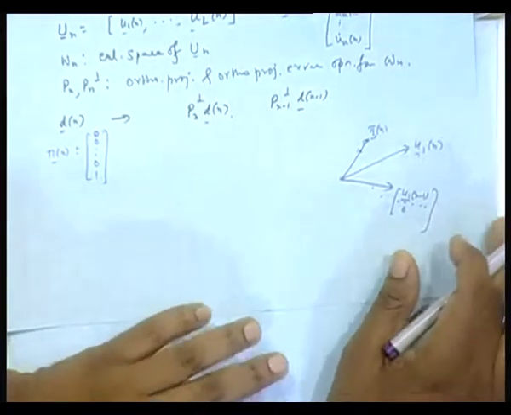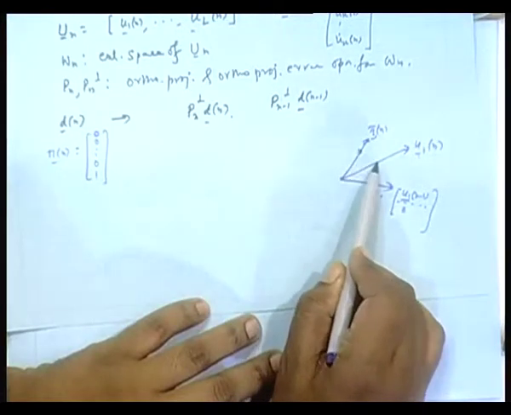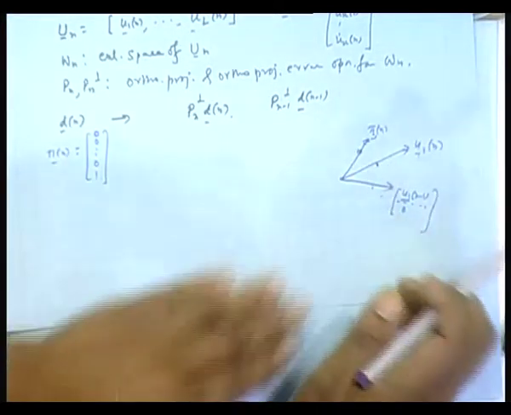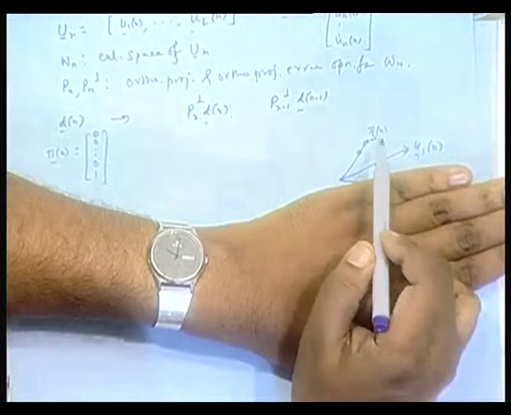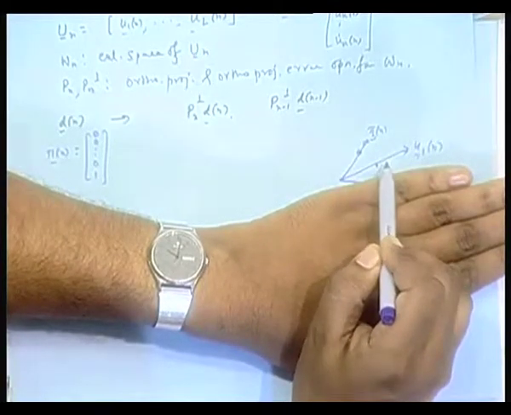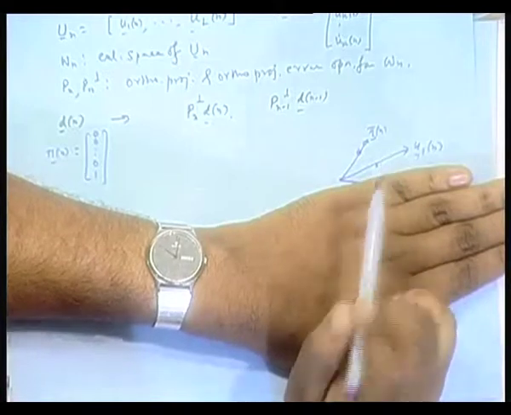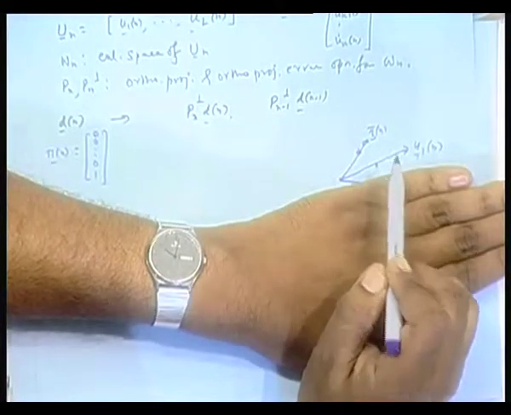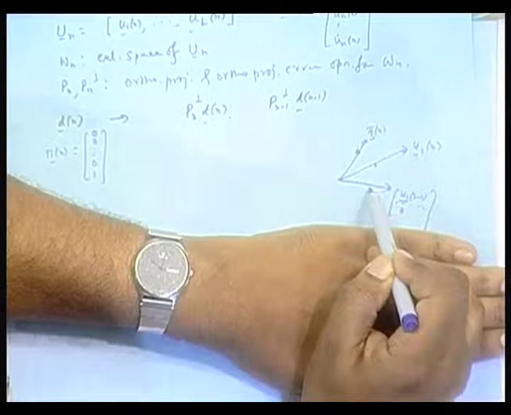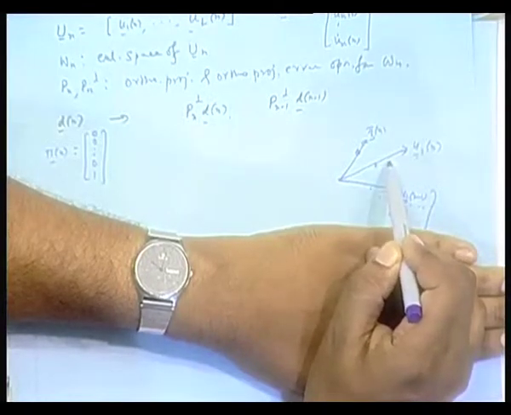That means, if I consider these two lines, and consider the space spanned by these two, that is a subset, or that must be contained in the space spanned by these two, because this vector is always some linear combination of these two.